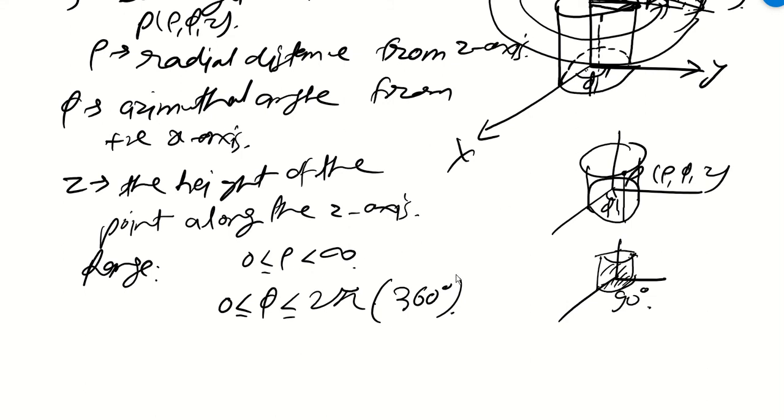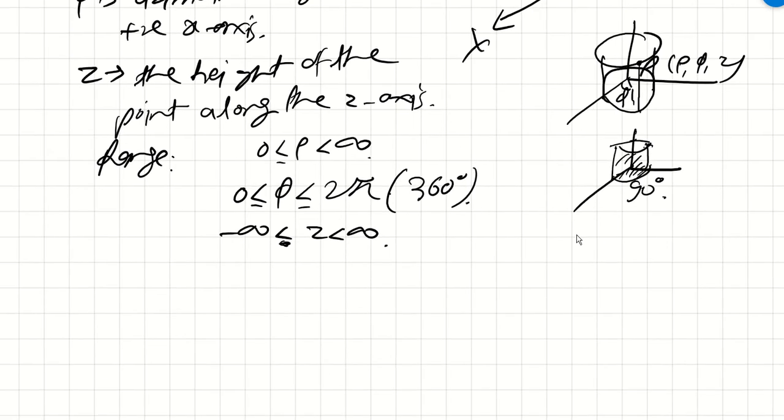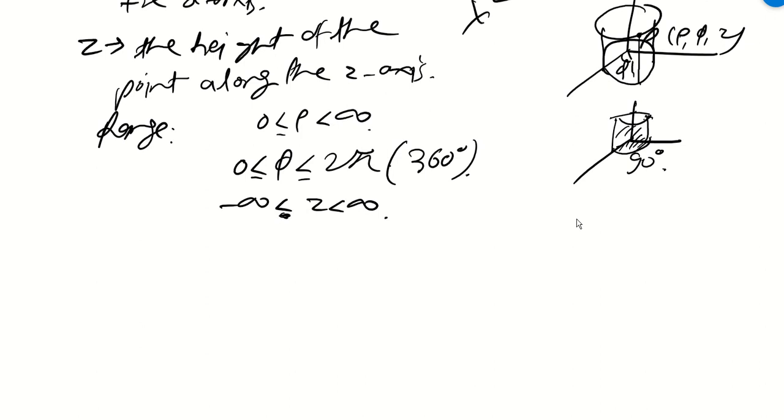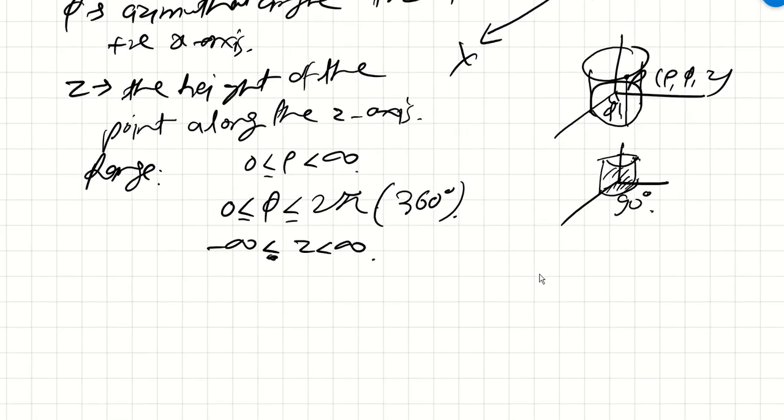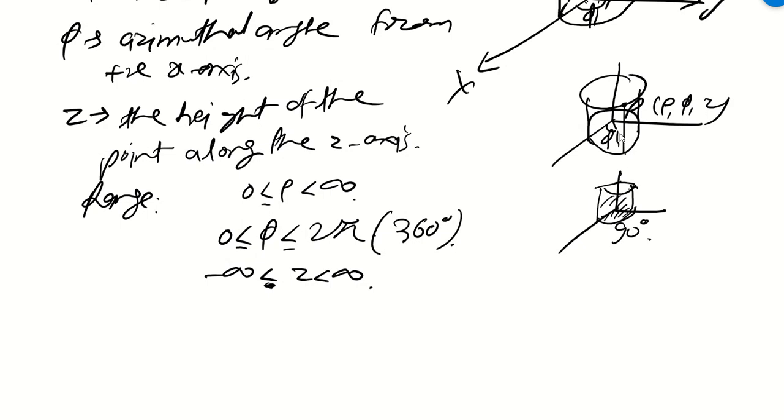Okay. And z can vary from minus infinity to infinity. So z can be as high as possible, as low as possible, minus infinity to plus infinity. Okay. Now what is the symmetry that exists in cylindrical coordinates?